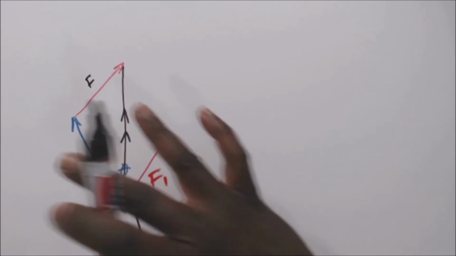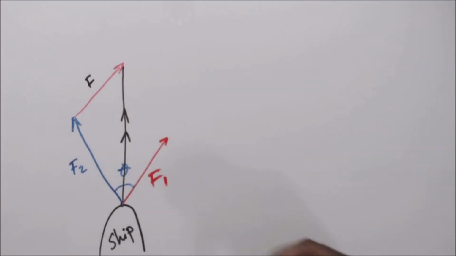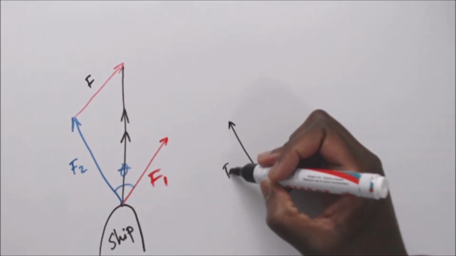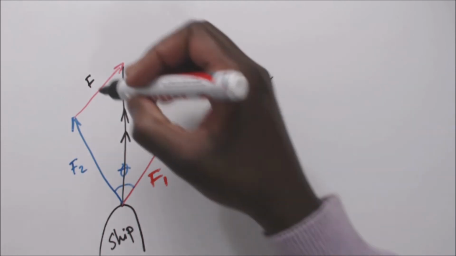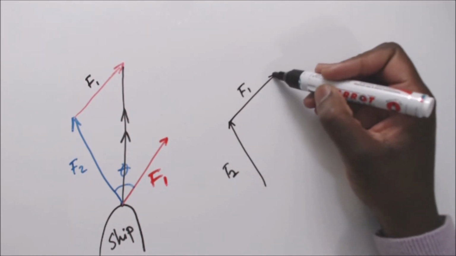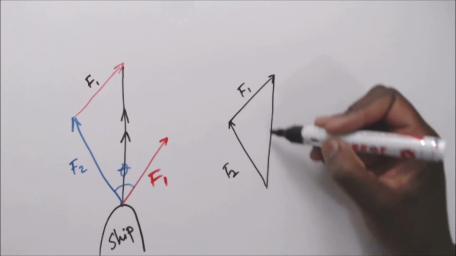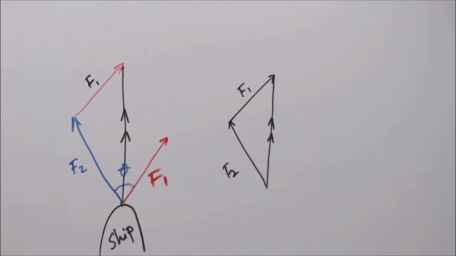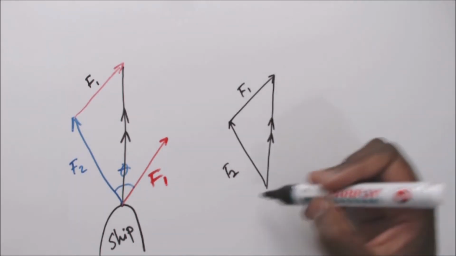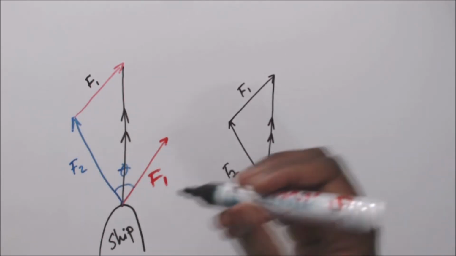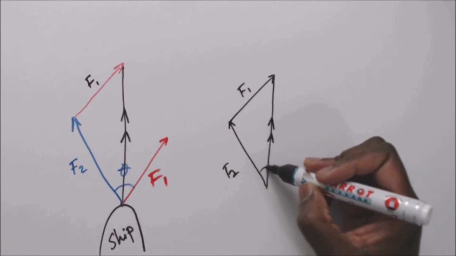If I was to draw this situation away from the physical diagram, then what I'd have is F2, F1, and then I'd have the resultant. Notice how I use two arrowheads midway through the resultant to signify it. And I can draw this as a scale diagram using measurements for F1 and F2, and then I can work out what this angle here would be.